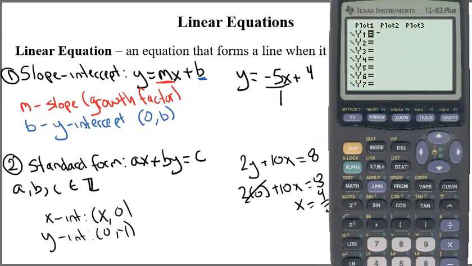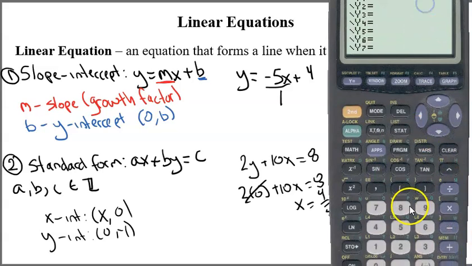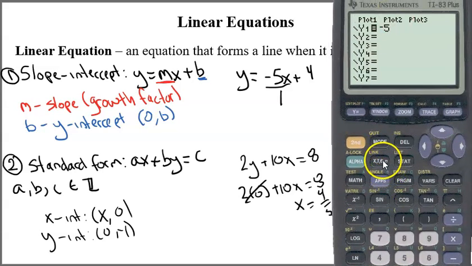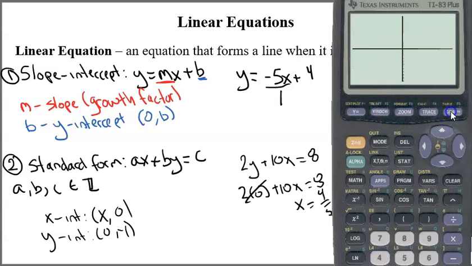Negative 5x, whoops, I hit the wrong button, so negative 5x plus 4. I'm going to graph this, and I can see that if I hit trace, I can see (0, 4) is there.